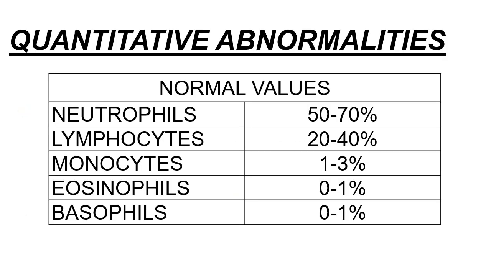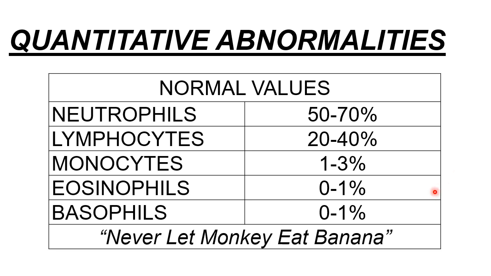Okay. Unahin natin mga quantitative abnormalities. So, before we proceed with abnormalities in numbers, kailangan alam nyo din kung ano yung mga normal values. And again, we will go back to our favorite mnemonics, never let monkey eat banana. So, ano ibig sabihin?